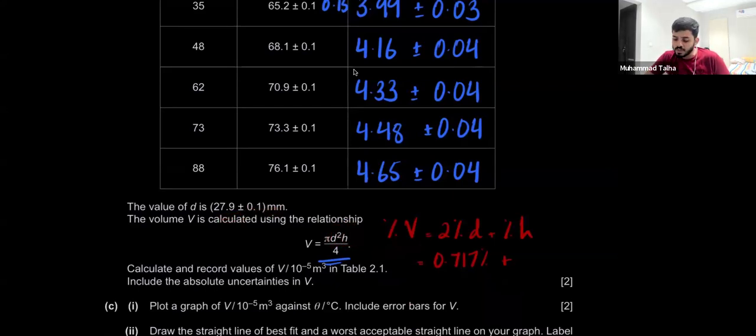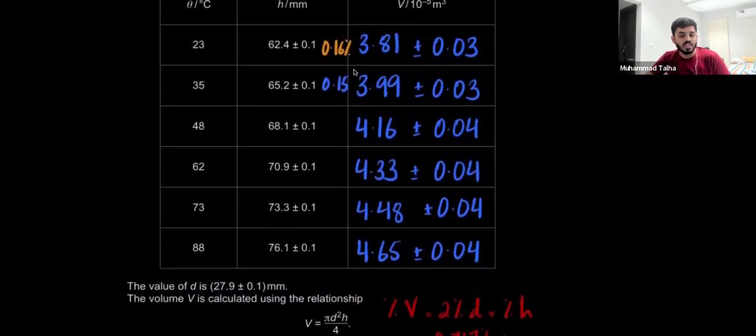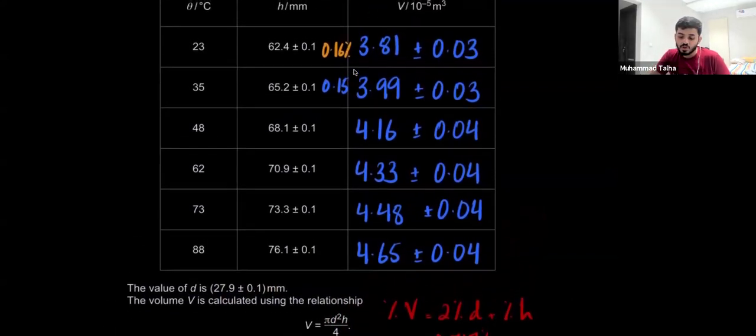So I found the percentage uncertainty in D and I multiplied it by 2. So that was always this value. And then to this, I only need to add the percentage uncertainty in H, which is going to give my percentage uncertainty in V. But that's going to be different each time, right?